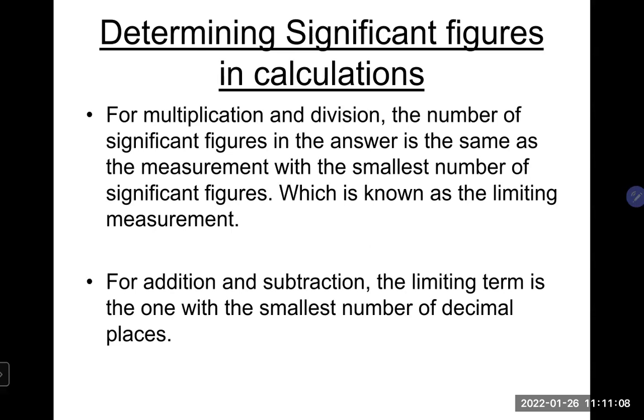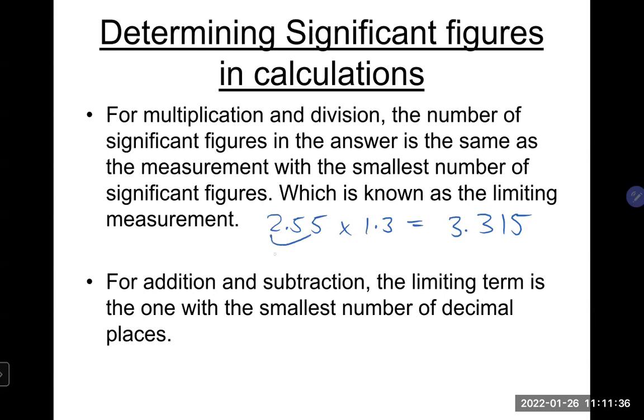So for example, if I had 2.55 times 1.3, if I did that on my calculator, I think it says something like that. When we look at it, we are multiplying.